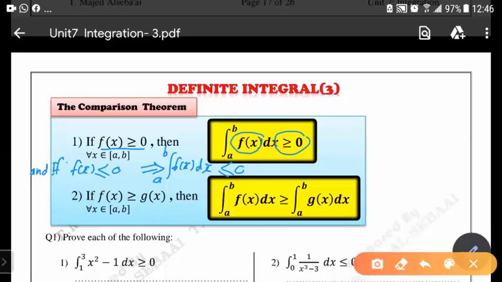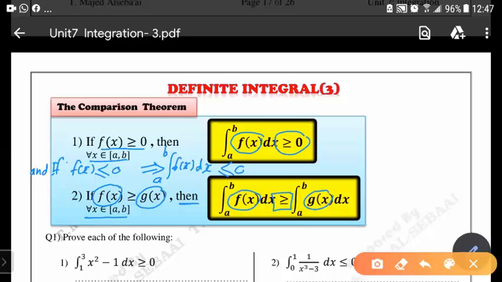Also, if a function f is bigger than g, of course, for every x belonging to [a, b], then if f is bigger than or equal to g, the integration of f is bigger than the integration of g.